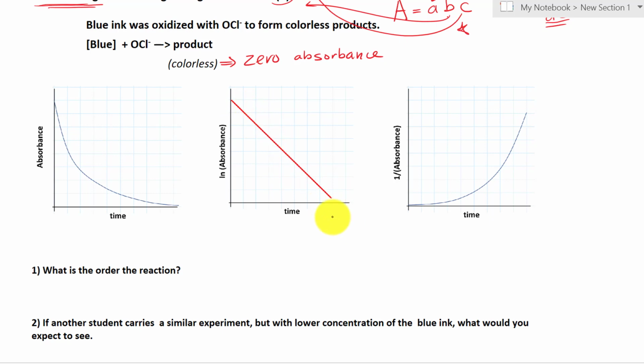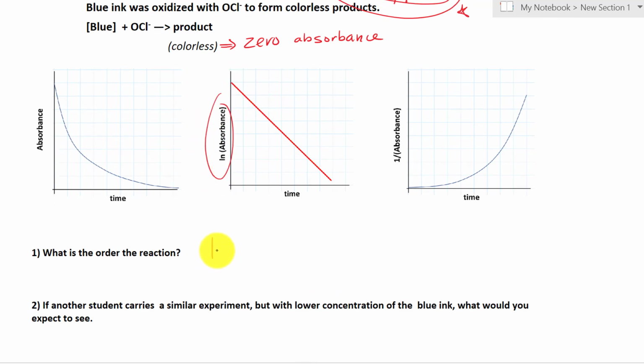And that's important, right? That allows us to find what order the reaction is going to be. We take the same absorbance, put 1 over the absorbance, and graph over time, and we got this line right there. So the first question is, what is the order of the reaction? Right away, we're looking for the graph with a straight line, and this is natural log of absorbance versus time.